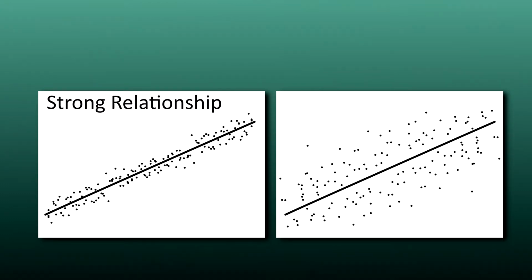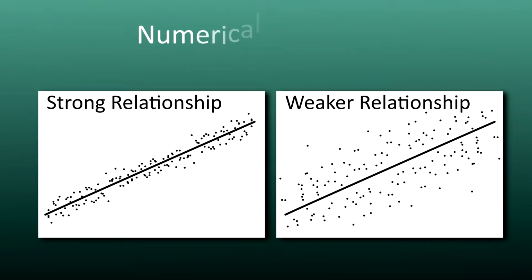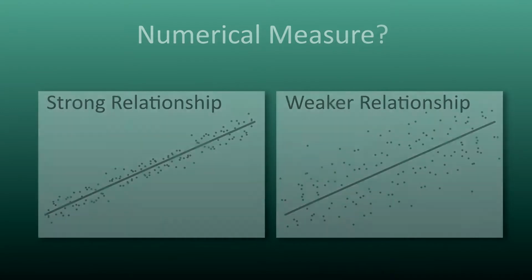This is an example of a strong relationship. Data points on the right scatter plot also follow the linear pattern, but much less closely. Therefore, we can say that the relationship is weaker in general, though assessing the strength of a relationship just by looking at the scatter plot is quite problematic. We need a numerical measure to help us with that.